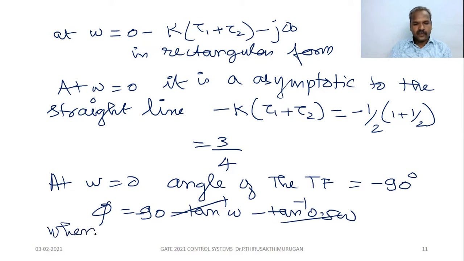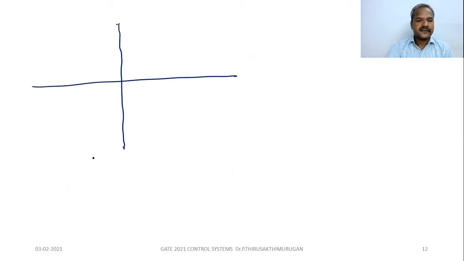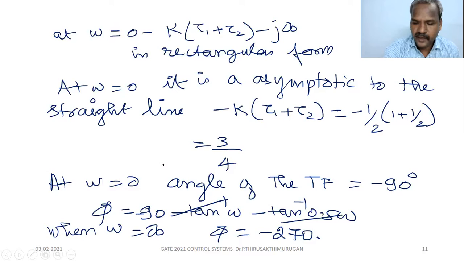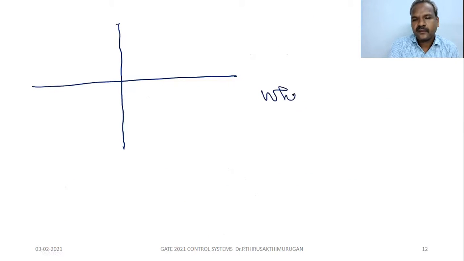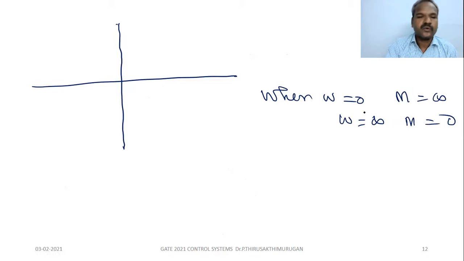When omega equals infinity, the phase angle equals minus 270. So the polar plot for the transfer function will be like this. When omega equals 0, the magnitude is infinity. When omega equals infinity, the magnitude is 0. So it starts at minus 90 degree here. This is the typical response plot.